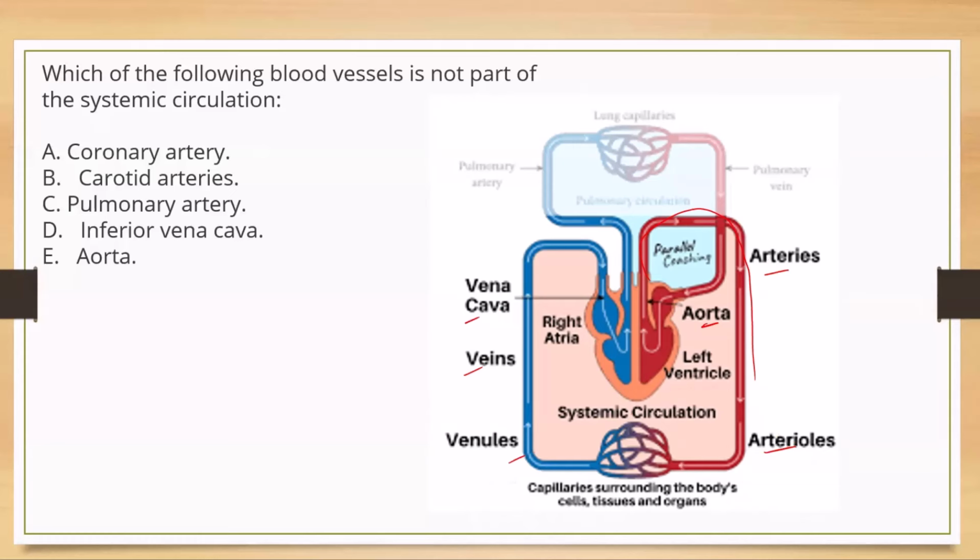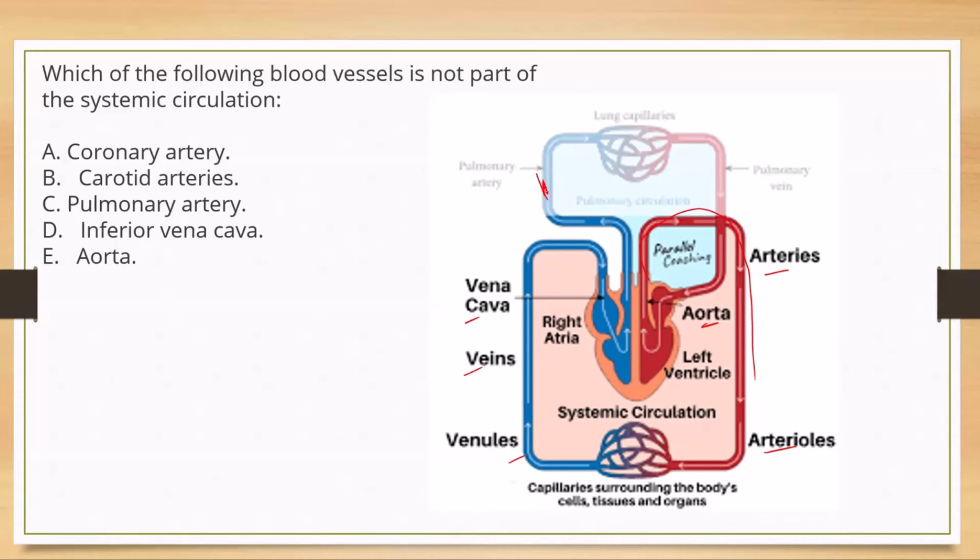The coronary artery supplies blood to the heart, and the carotid artery, you know where it is. Look at the pulmonary artery, for example. Where does it go to? This is the pulmonary artery, in this part.